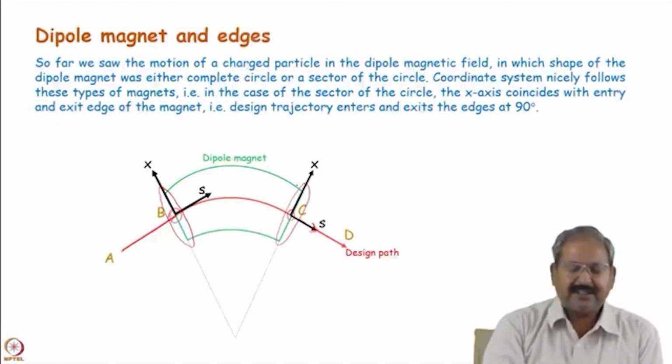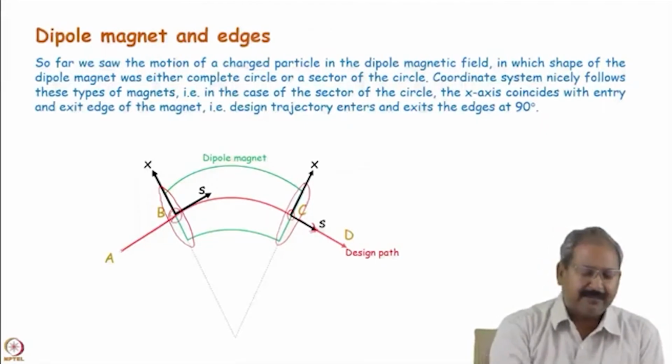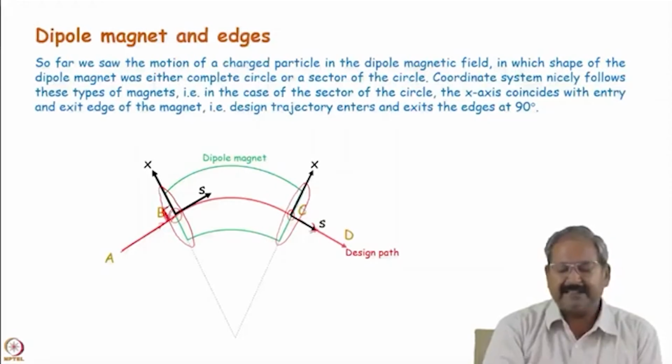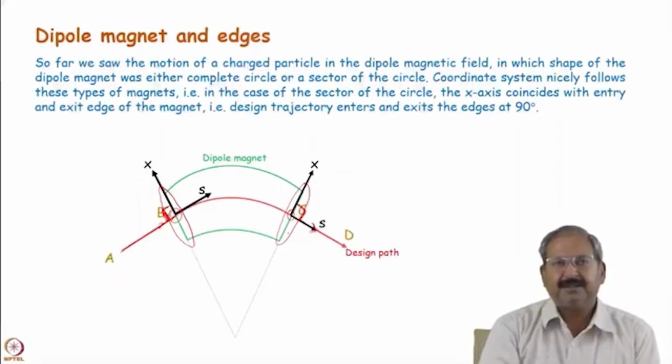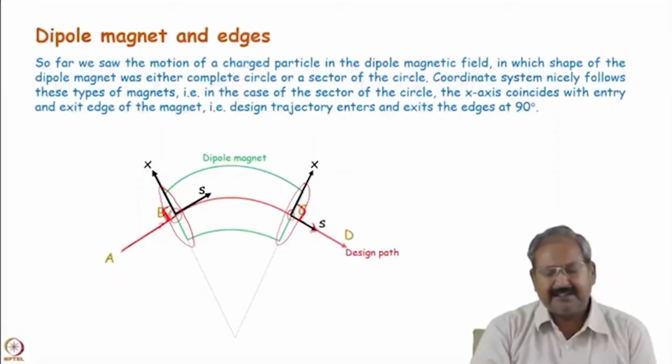So in this kind of orientation of this magnet, which is drawn here, the particle trajectory is coming at 90 degrees to the edge and it also exits at 90 degrees to the edge here. So the particle trajectory enters and exits perpendicular to the edges of the magnet. This orientation is known as sector magnet.